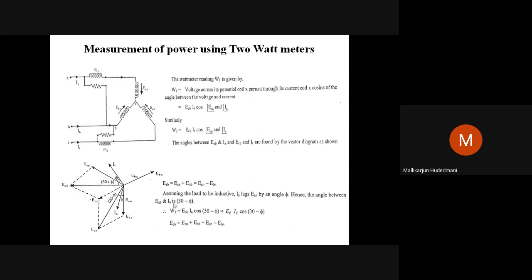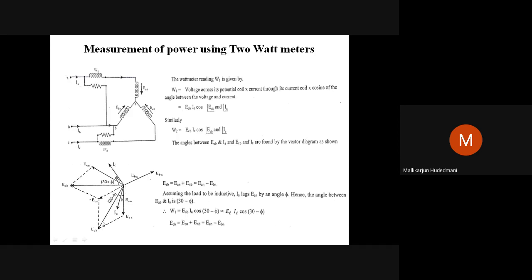Now, what is the angle between EAB and IA? For this, I should understand what EAB is, the line voltage. How do I get the line voltage? EA minus EB. You can see EAN is here. EBN I have to reproduce backward and take the resultant, like how you did in star.